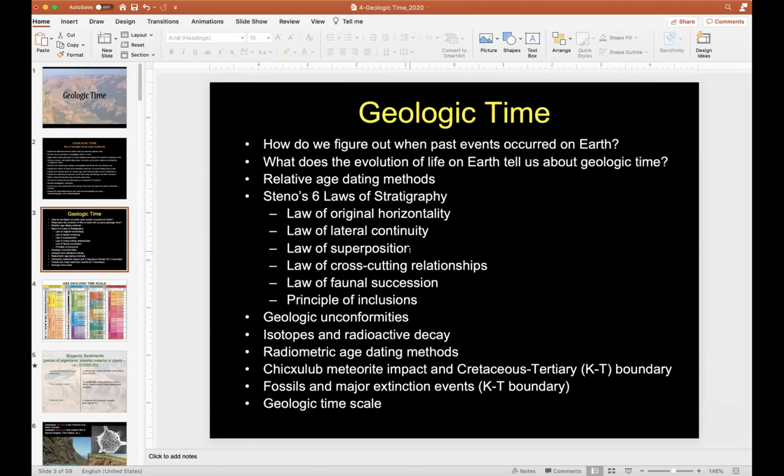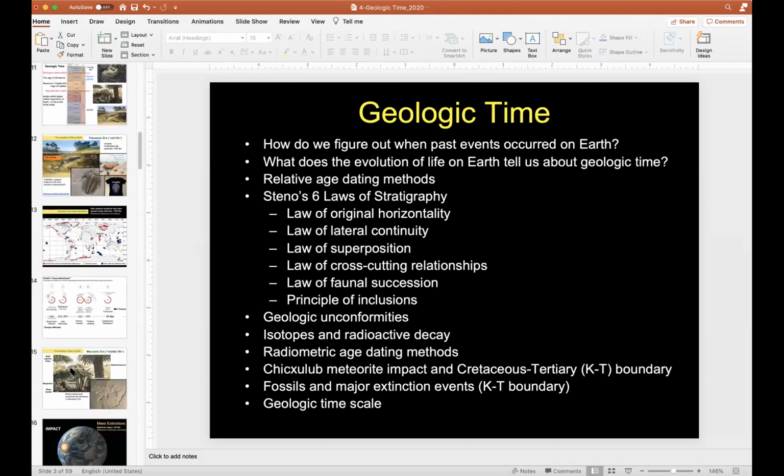Original horizontality, superposition, and lateral continuity all kind of go together, because if we just think of sandstones, limestones, maybe some lavas to keep it simple, the superposition tells you oldest things on the bottom, youngest things on top. Original horizontality means they should be originally horizontal. And then lateral continuity gets us to this slide. So I'm going to go back to the slide here.